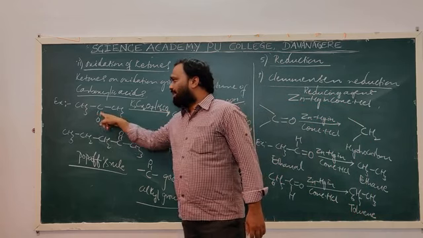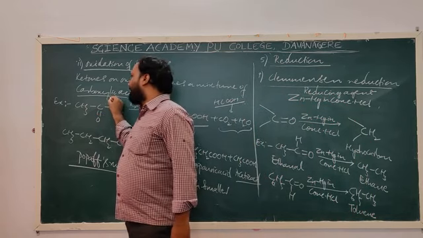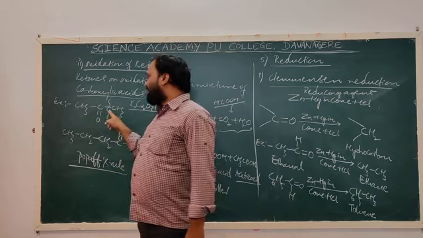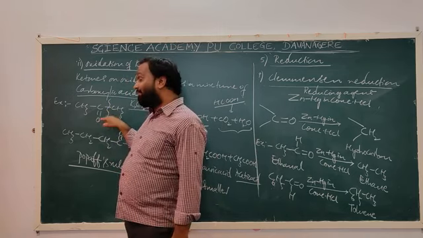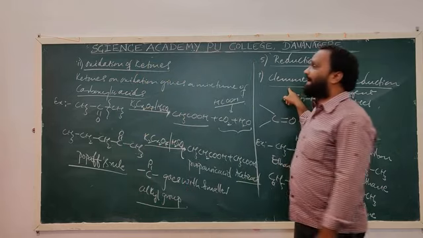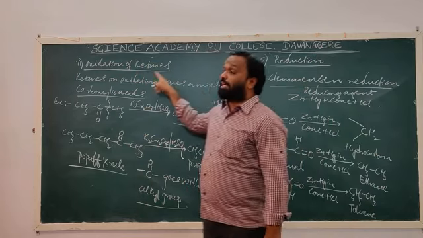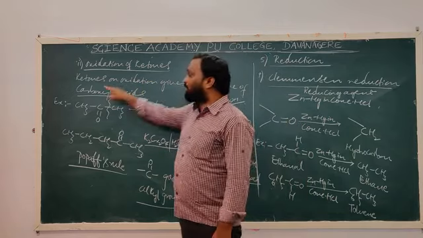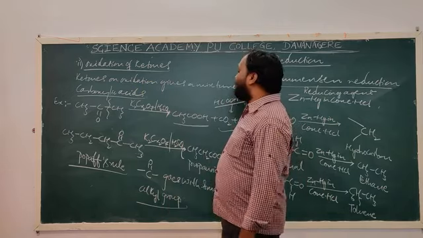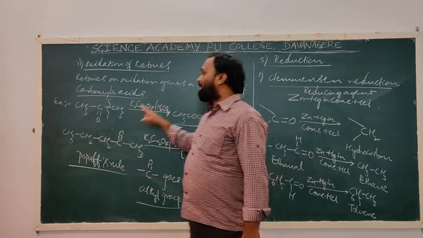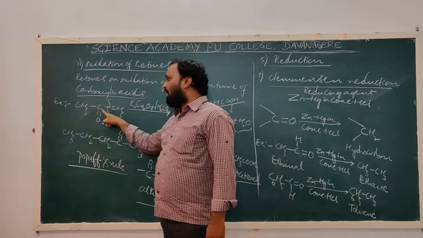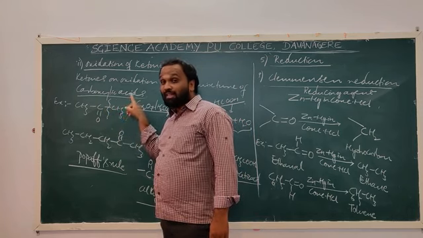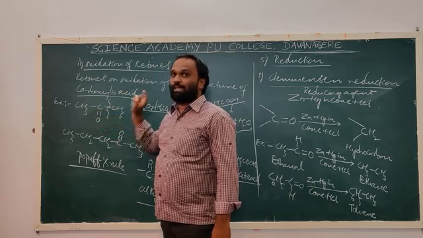So what happens in this? There is a rupture of the carbon-carbon bond, and this requires more energy. Therefore, compared to aldehydes, ketones are difficult to oxidize, because the rupture of the carbon-carbon bond requires relatively more energy.